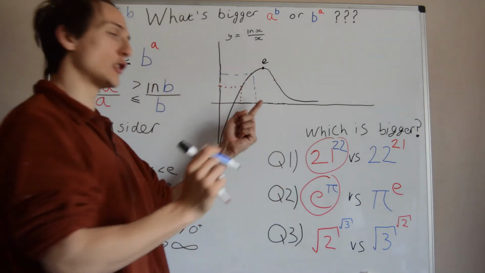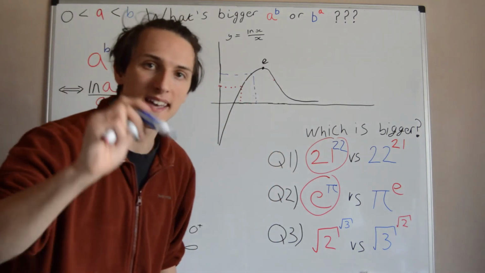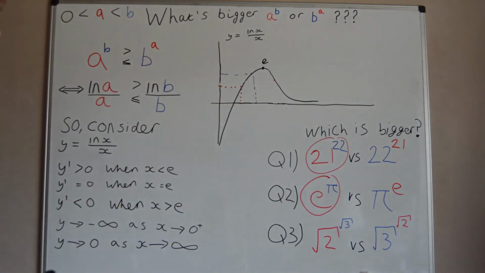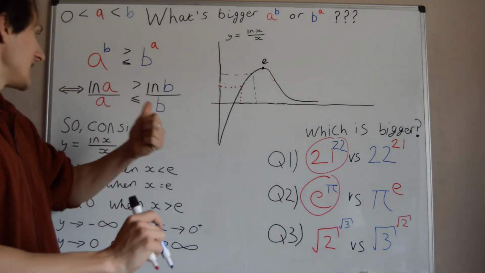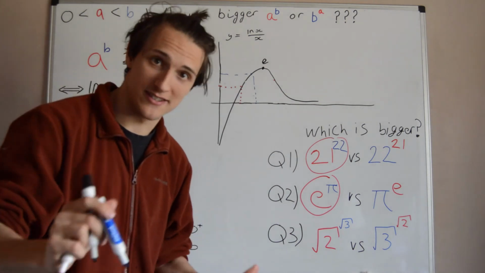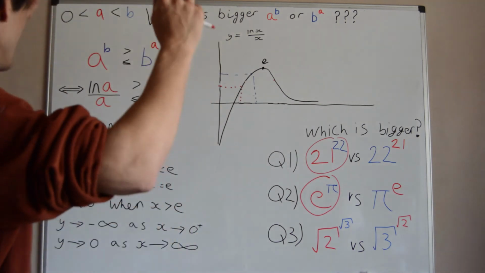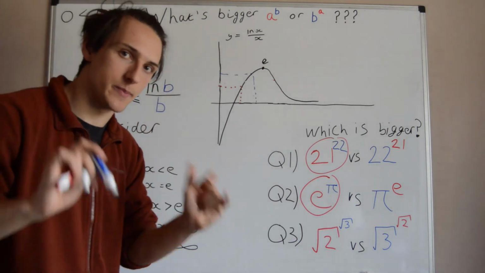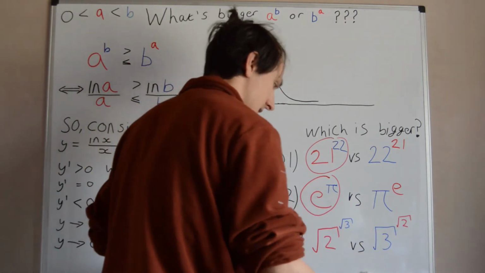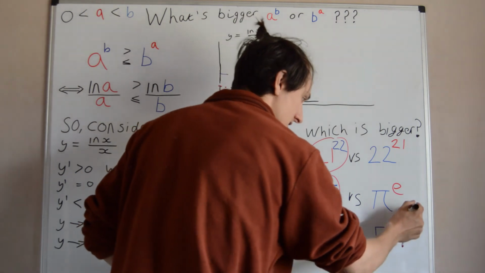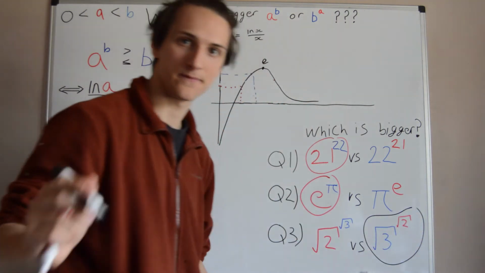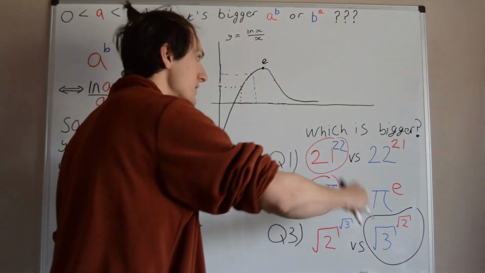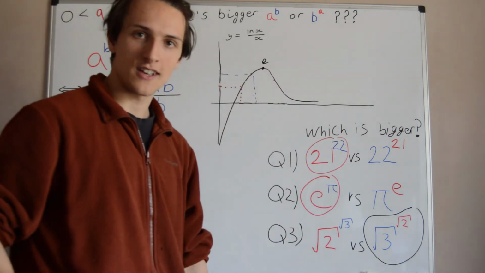We see that the natural logarithm of b over b is bigger than the natural logarithm of a over a. This implies that b to the a is bigger than a to the b. So for this example, it turns out that this one is going to be bigger. And we know that straight away just by considering whether the numbers are bigger than e.